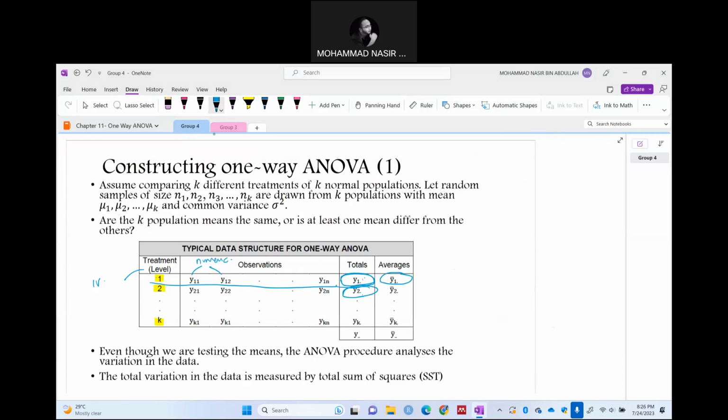And then from these totals, we need to find the grand total for all treatments. The grand total for all treatments means that we add the total of y1, which is the summation of y1j, plus the summation of y2j, and so on. Right, this is the grand total, the double summation of yij. Right.